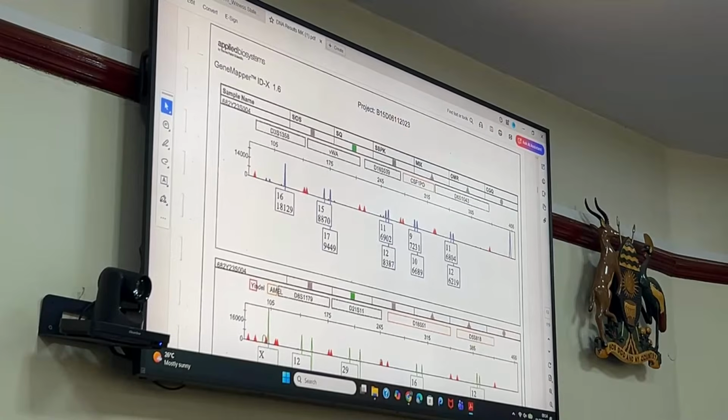So the labels here are the different areas of the DNA molecule which are specifically targeted by the DNA profiling technique. These are the areas that are known to vary greatly between individuals. If you just go up a bit to the next.